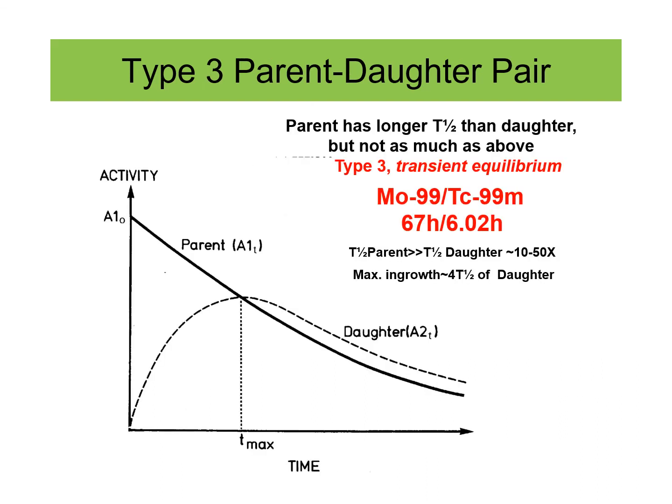Type number 3, where the parent radionuclide is longer-lived than the daughter radionuclide by just about 10 to 50 times. An example of this kind of relationship is exemplified by molybdenum-99, which has a half-life of 67 hours, and Tc-99m with a half-life of 6 hours. This is known as a transient equilibrium generator system.